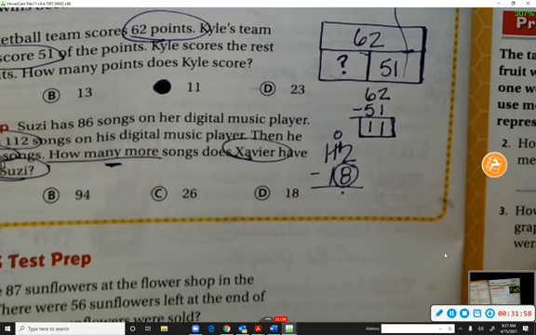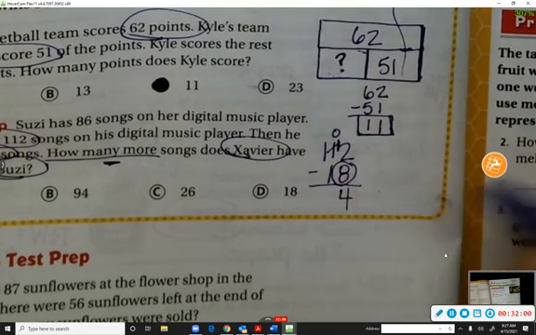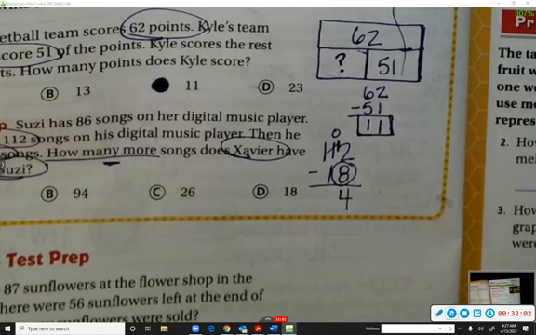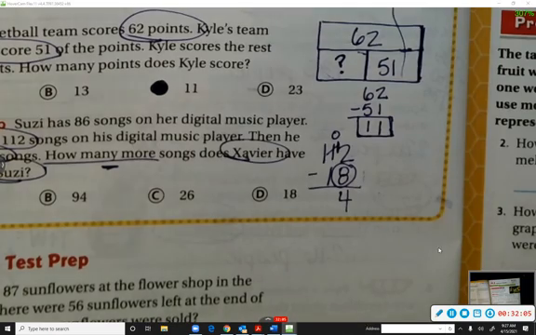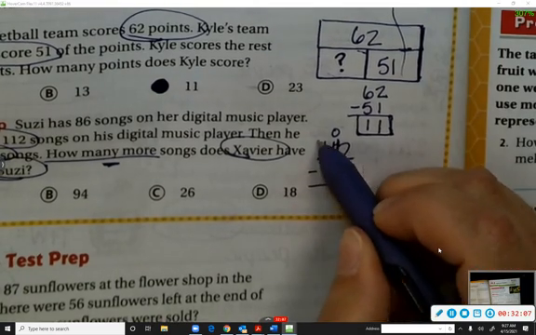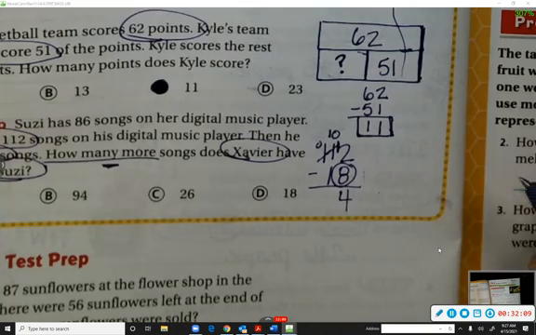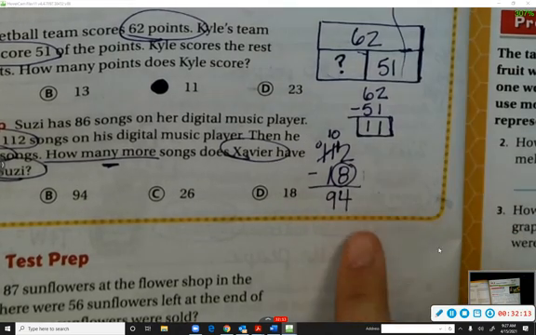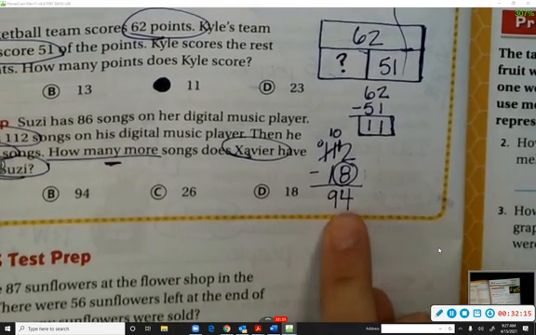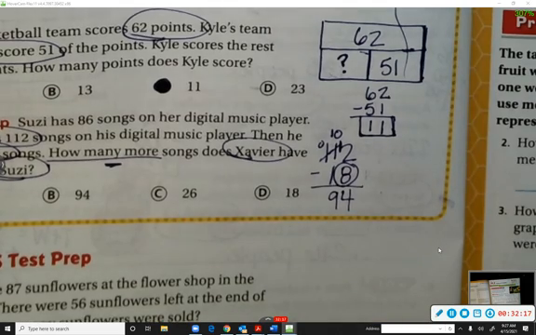What is it? 4. Okay? 0 minus 1. Can we do that? No, so I can borrow again. Becomes 10. 10 minus 1 is 9. Okay, so now this number tells me that's how many songs Xavier has.